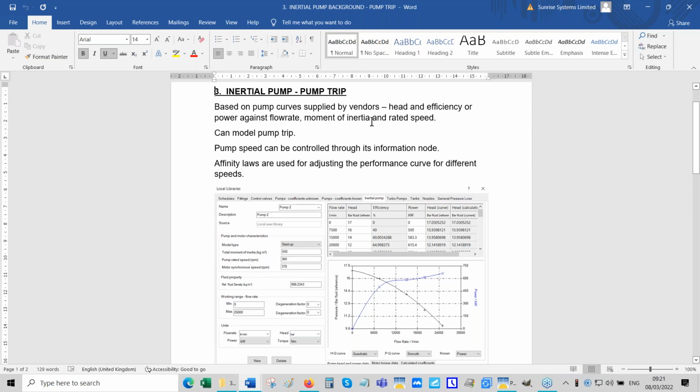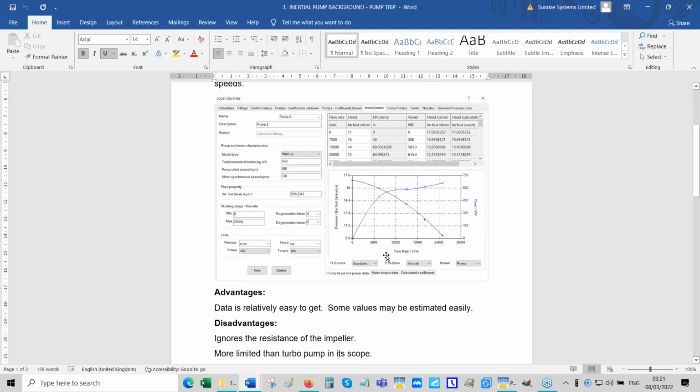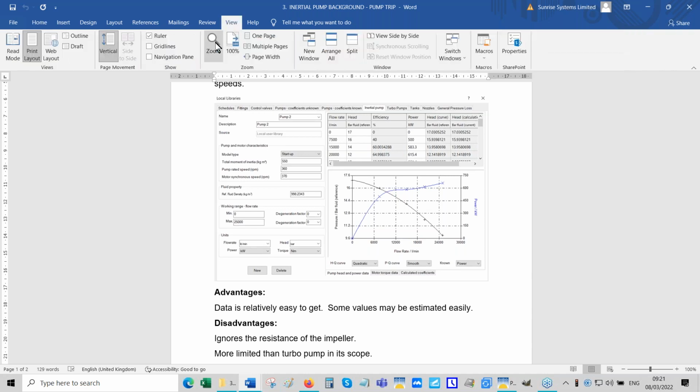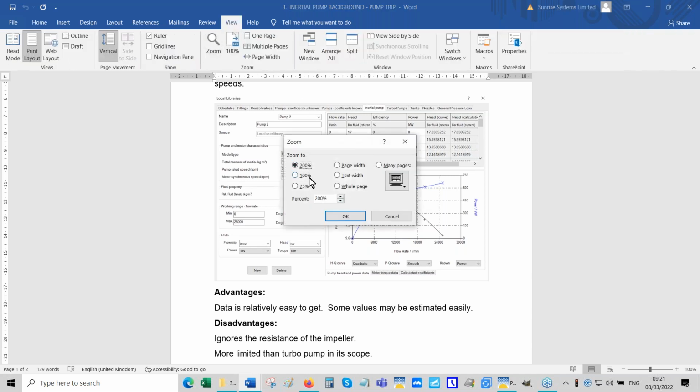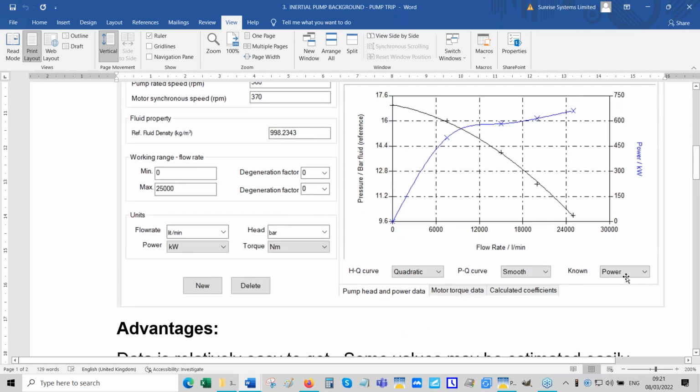We also need to have the moment of inertia and the rated speed. They're all here. As an example, here you see there is a switch using which you can select the power or the efficiency.